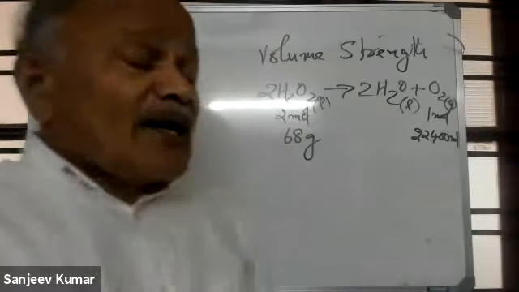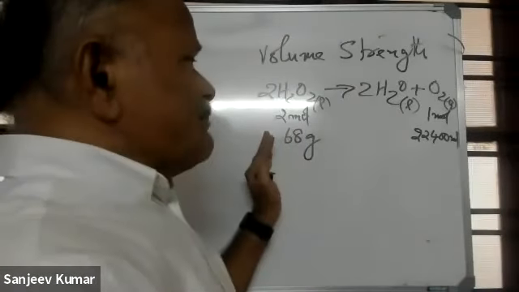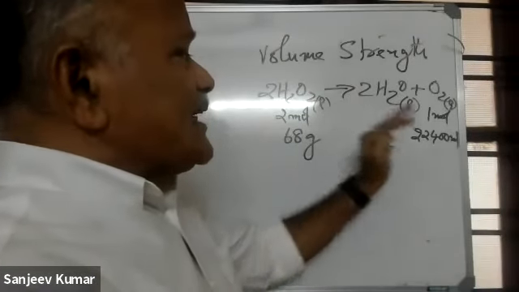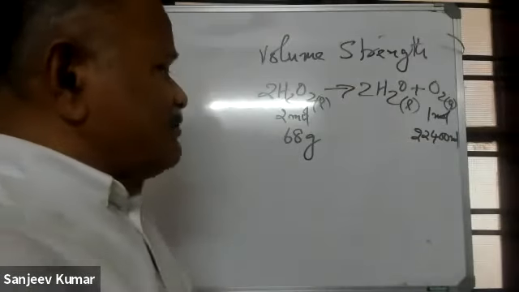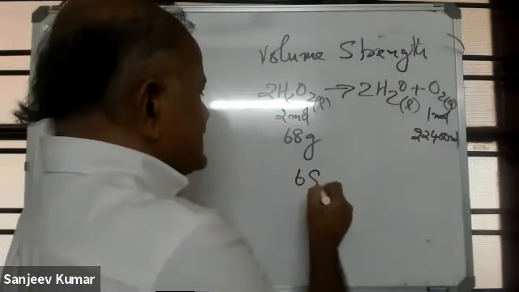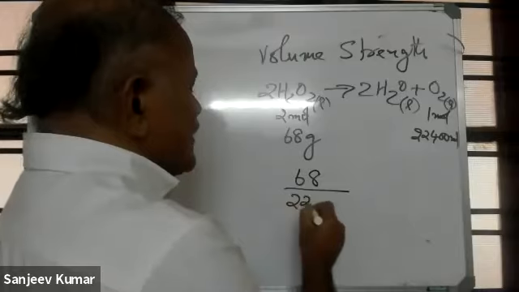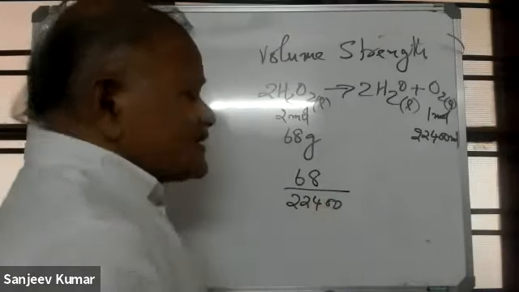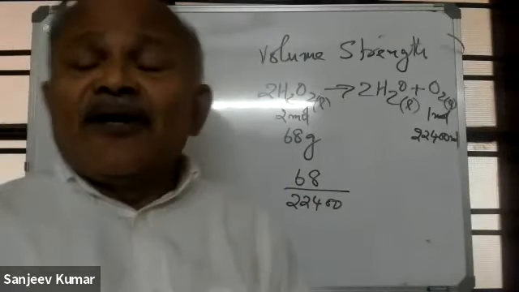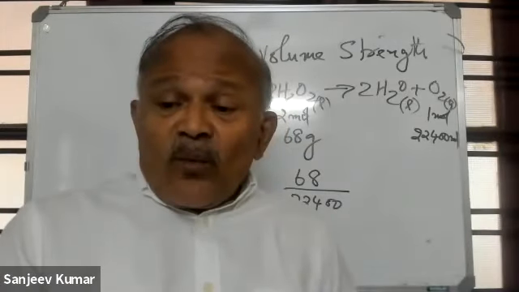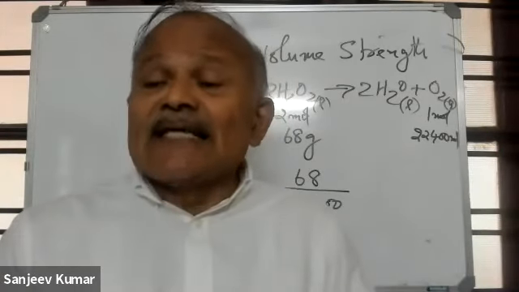Therefore, what is the weight of hydrogen peroxide which on decomposition gives 1 ml of oxygen at STP? It is 68 by 22,400. This is the weight of hydrogen peroxide which will produce 1 ml of oxygen at STP.